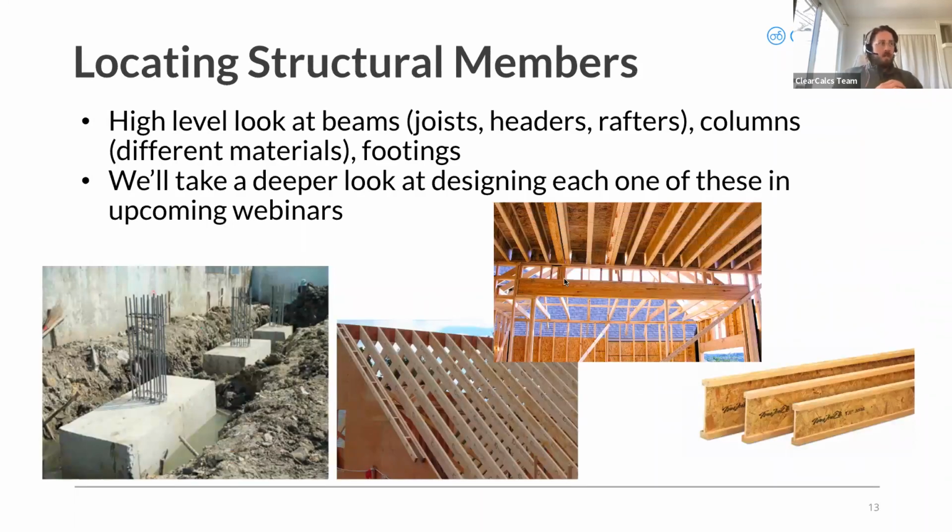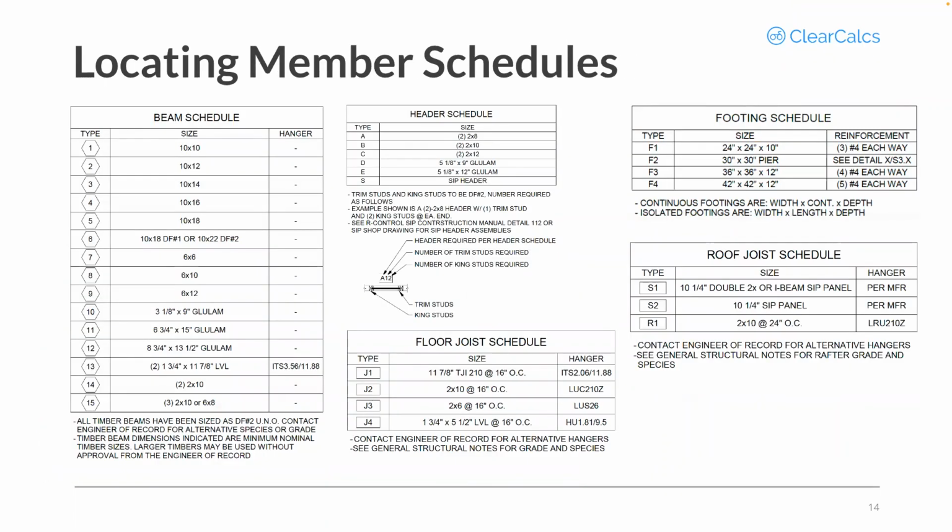All right. So next, we'll just look at locating the actual structural members and their associated member schedules. So when I was practicing this webinar with myself this morning and last night, I actually found it was best to do these 2 together, these 2 slides.